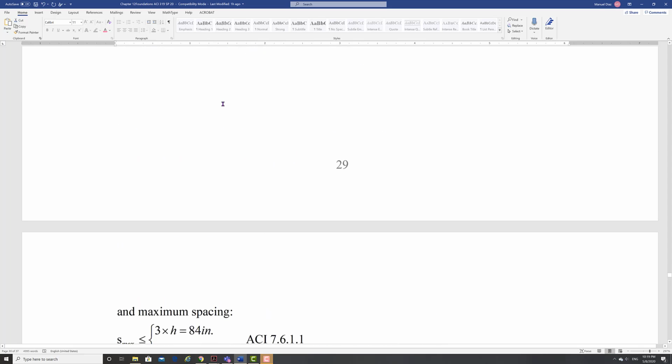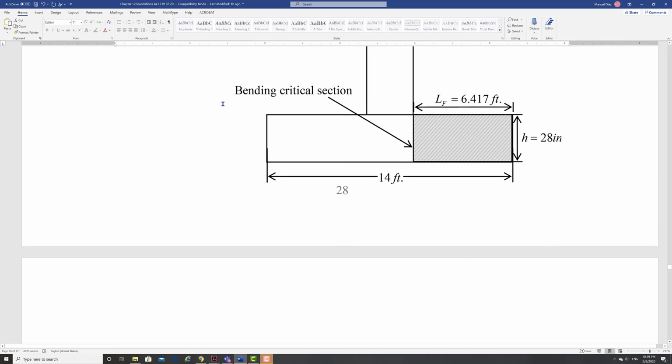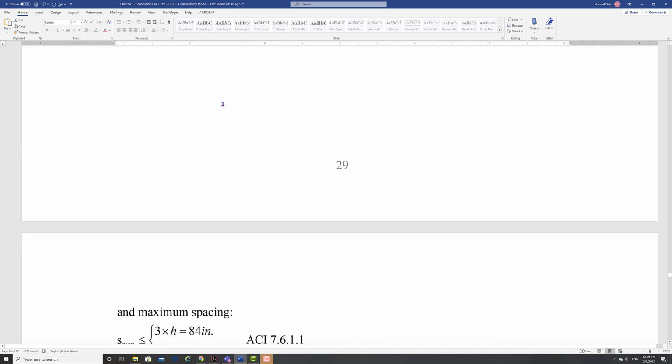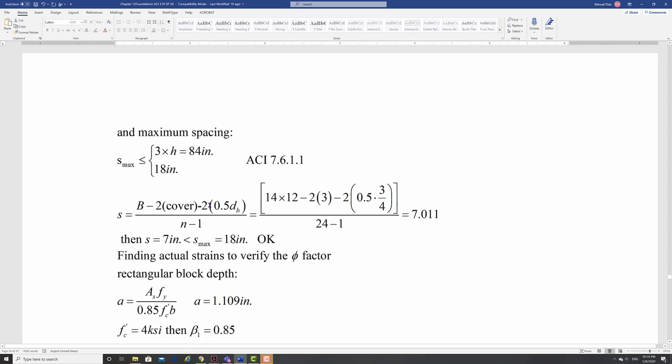So you get 2 covers and 2 half diameters, divided by n minus 1. That gives me a spacing of 7. So you're putting your bars at about 7 inches. Your s maximum is 18, so you're good.